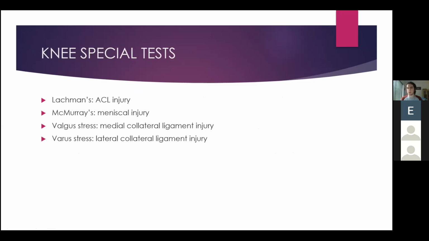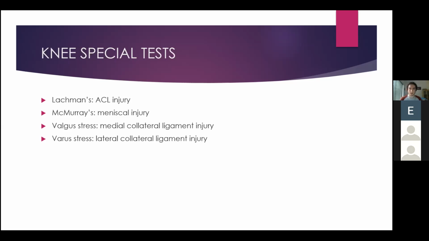I always remember it because I think I had it for one of my CSSAs in second year, or maybe it was first year. It's a really weird test because you have to move their knee around and then catch the meniscus to see if you can get it to click. So it's an odd sort of test.